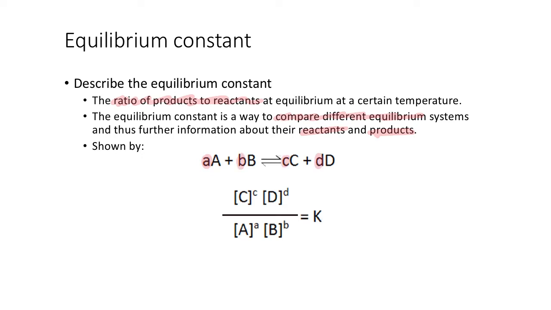What we do is we take the balanced equation and we take the coefficients of the various substances, and we take the concentration, that's what the square brackets mean.